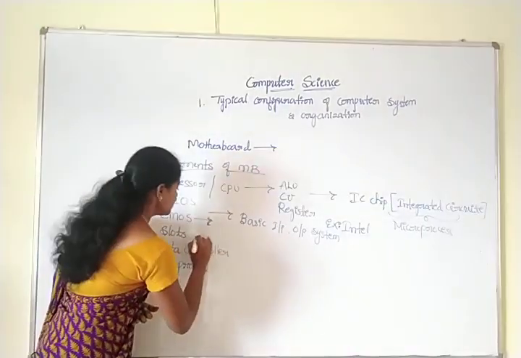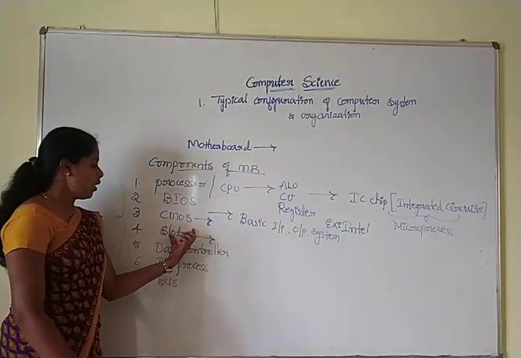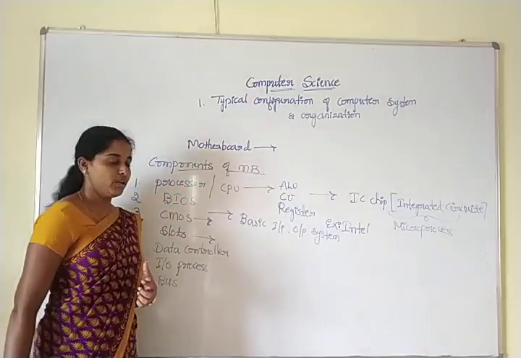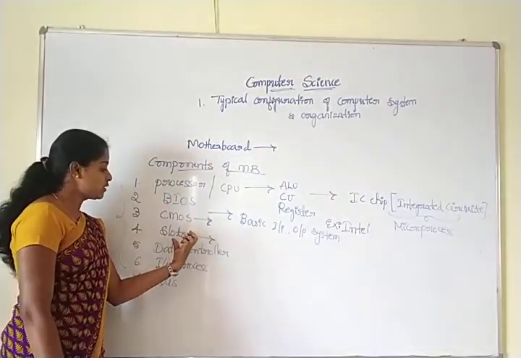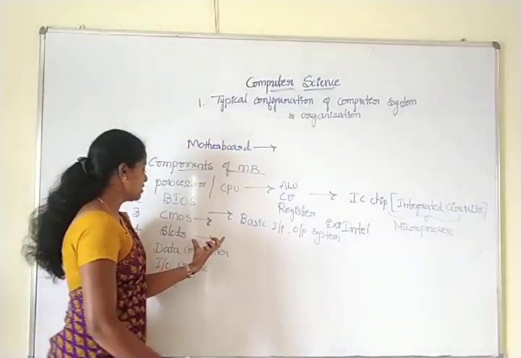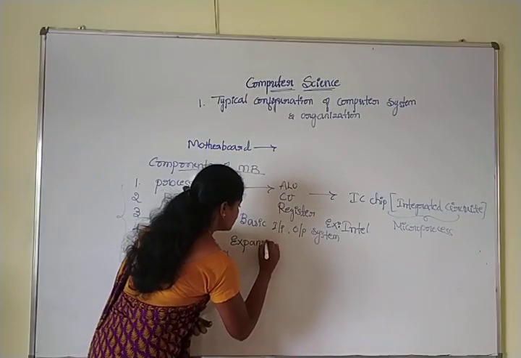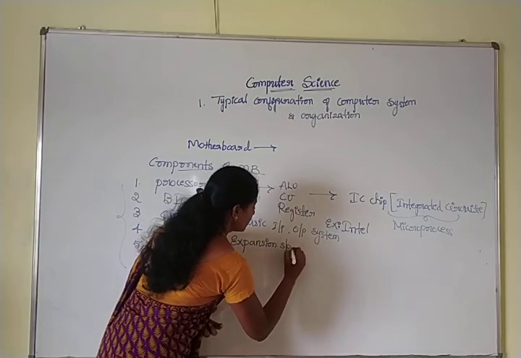Next, the fourth one is slot. Slot is an opening in the computer. This slot is also known as expansion slot.